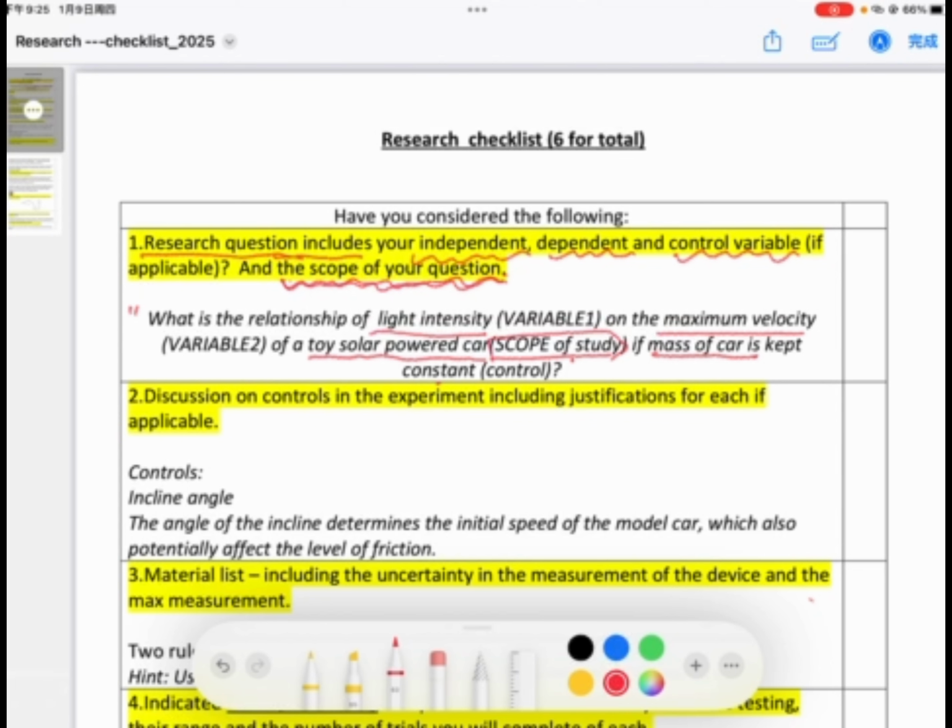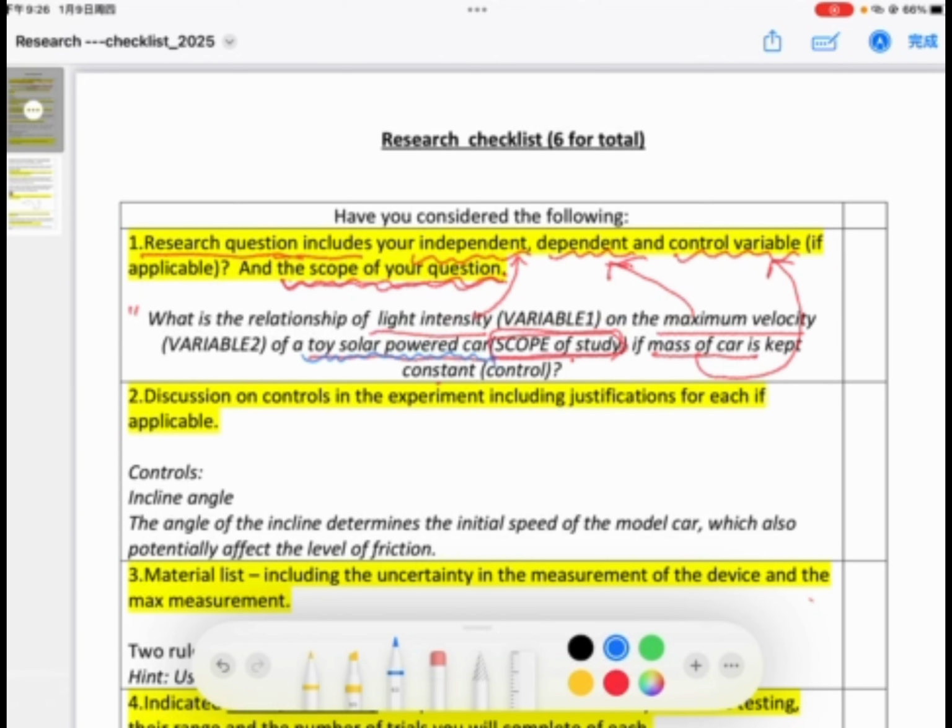So we've got light intensity as independent, maximum velocity as dependent, and we've got control variables, and the scope of the study is the toy solar power car. And this is very specific. Tell your reader and examiner what device and what type of car you were using in your study, because this gives the scope of your question as well as the scope of your conclusion.